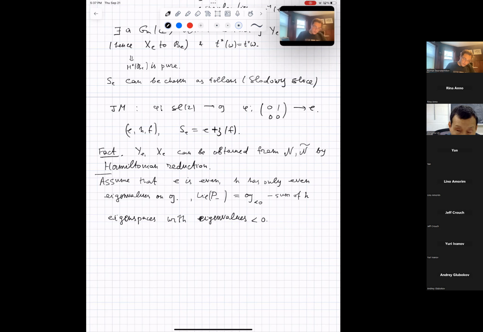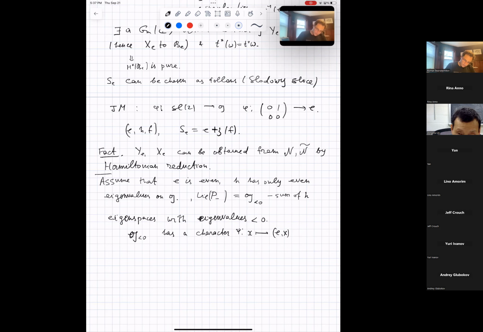And then the point is that E defines a character. So g_{<0} has a character, by which I mean just a homomorphism to the abelian Lie algebra, x goes to psi_E(x), which is the pairing with E, a linear form.